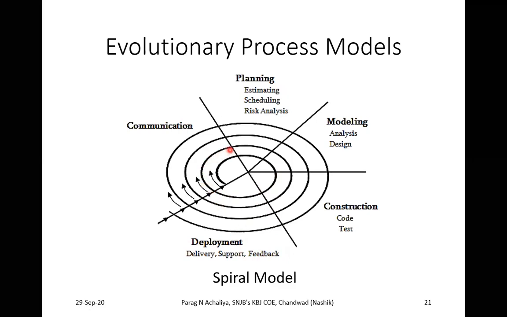The team will again work on that feedback. They again start creating the design, they again do the coding part, and they will submit it. This spiral will go on and on and on, unless and until the customer is satisfied.